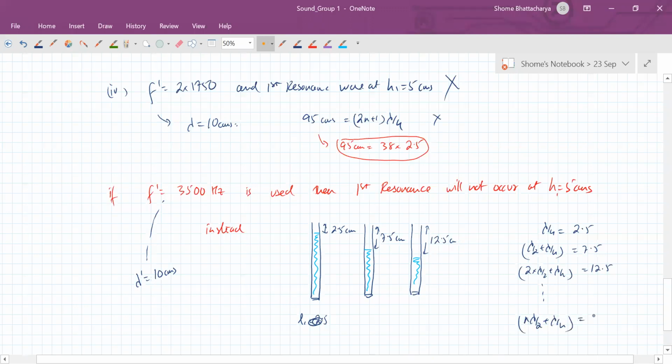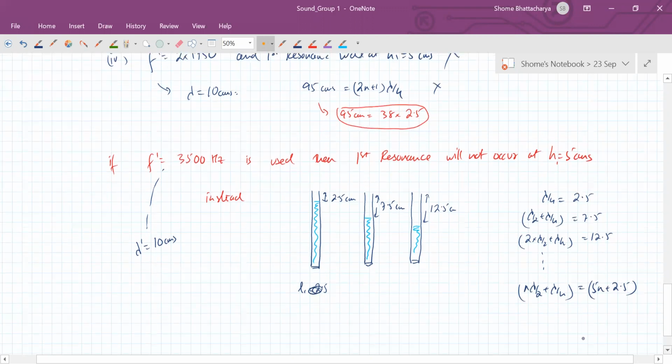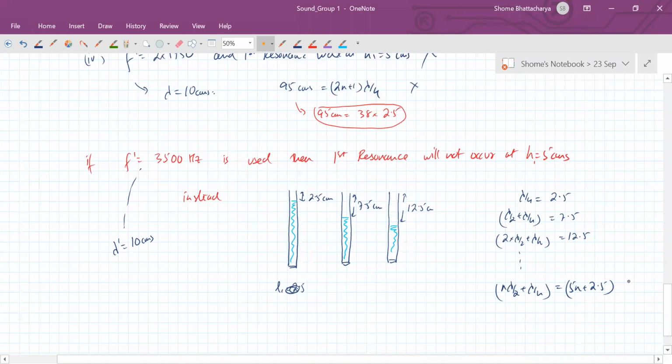So n lambda by 2 is 5n, plus 2.5. We want this 5n plus 2.5 to be less than or equal to 100. So what is the closest number to 100 centimeters which is of the type 5n plus 2.5? You'll see it is 97.5.